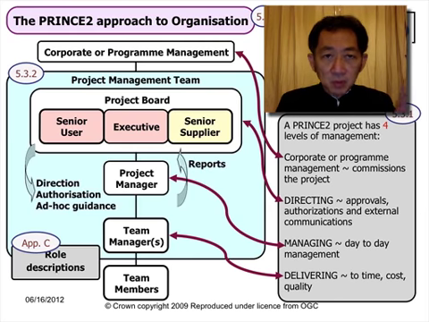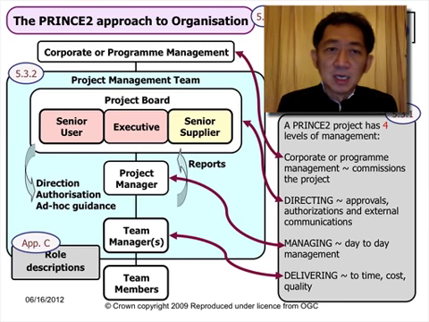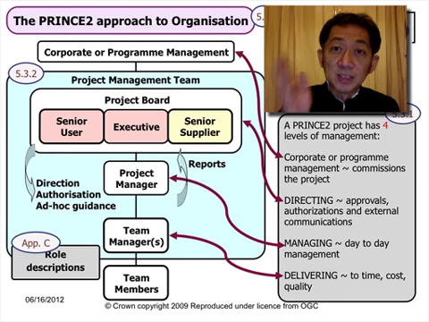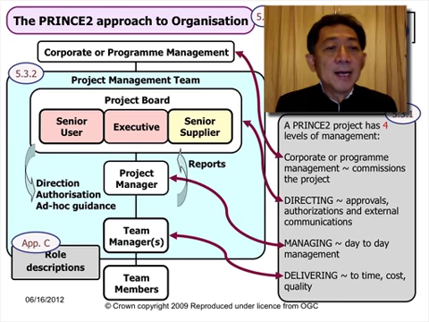Now, look at those arrows going up and down. The project board basically gives direction as well as authorization at every stage of the project.